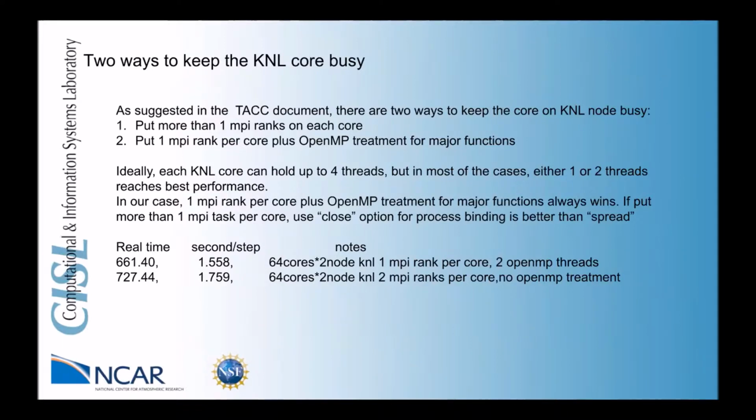But in most cases, either 1 or 2 threads reach the best performance. In our case, 1 MPI rank per core plus OpenMP treatment for major functions always wins. If putting more than 1 MPI task per core, using the close option for the process binding is better than using spread.